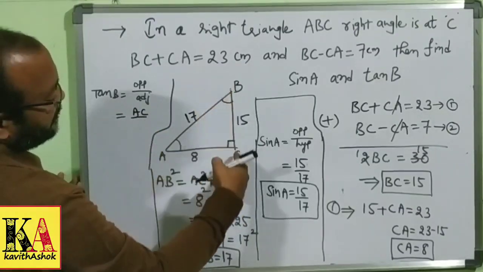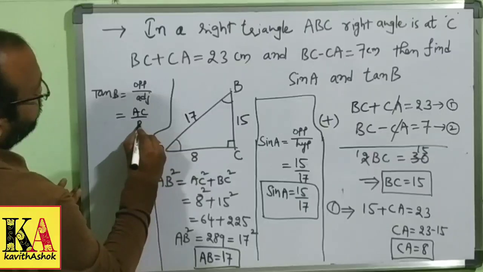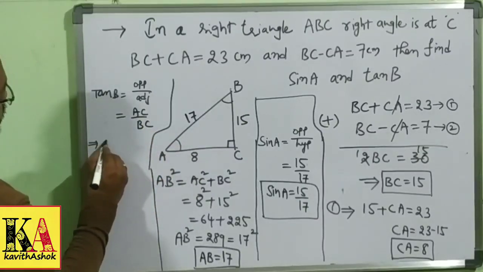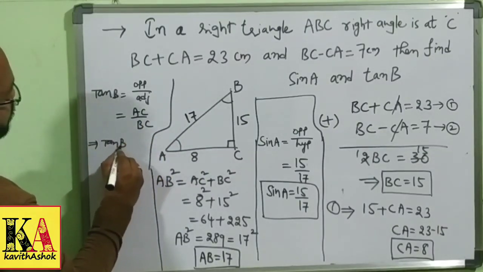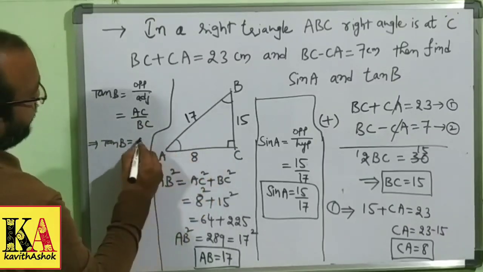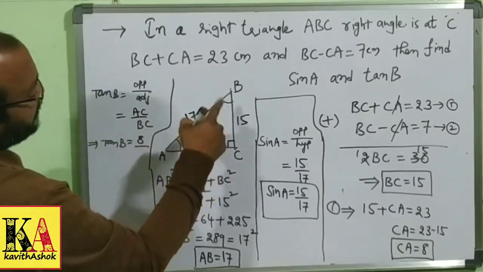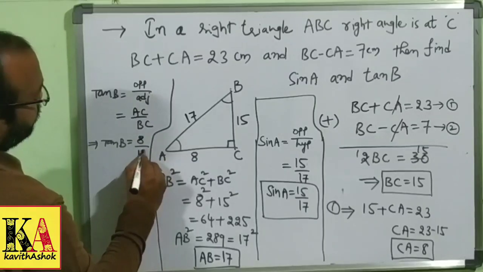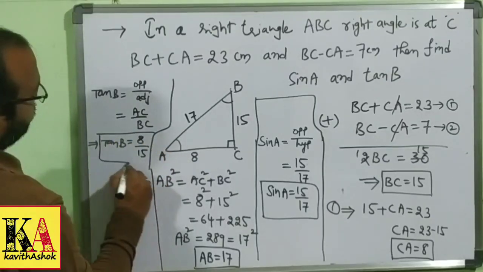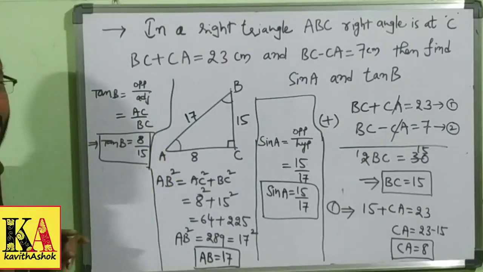What is the adjacent side? This is BC. So finally tan B is equal to AC is 8, BC is 15. Like this we can calculate.